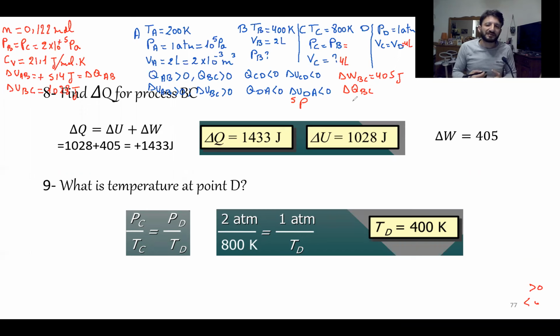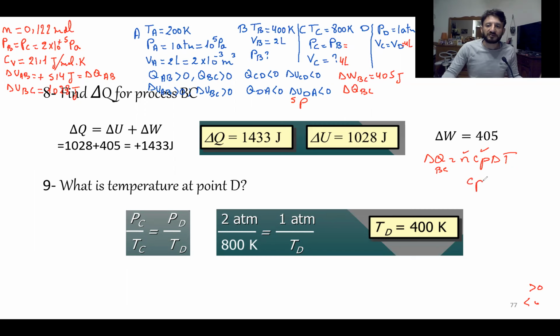But we don't have delta T because I don't have the value of TD. So we cannot use n Cp delta T. Okay, for example, delta Q equals n Cp delta T. In the case of P constant, BC, n is given, Cp you can calculate.